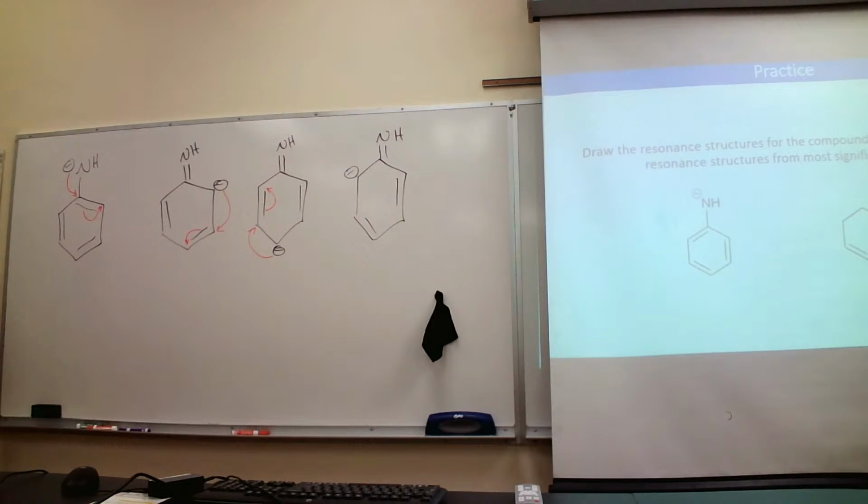Do any of them have more formal charges than the others? No. They all have one formal charge. So what's our last criteria? Electronegativity, yeah. So which of these is going to be the most stable?